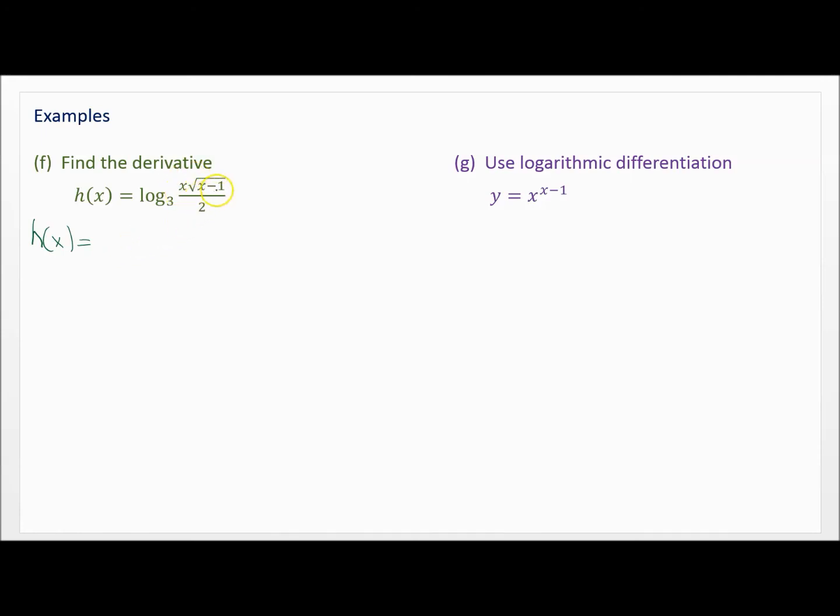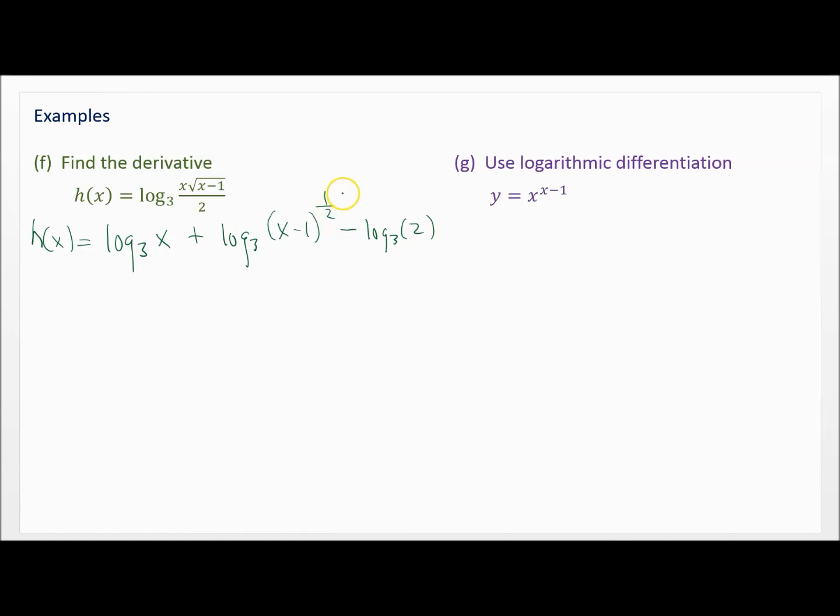Because I'm multiplying right here, I'm going to split that up as addition. And because I'm dividing right here, that's going to be subtraction. So I'm going to have log base 3 of x plus log base 3 of x minus 1 to the 1/2, because it's under a square root, minus log base 3 of 2, because you're dividing.